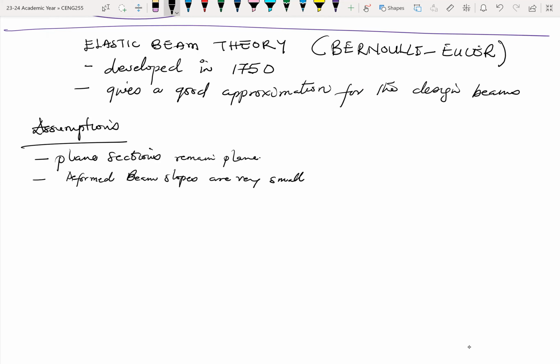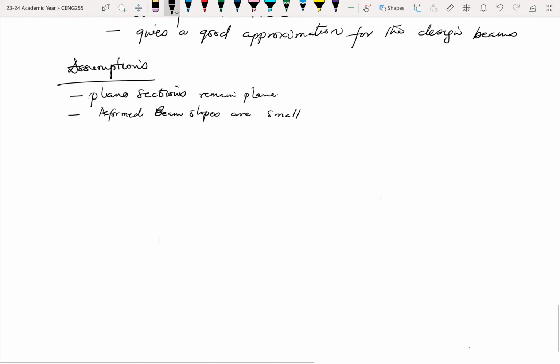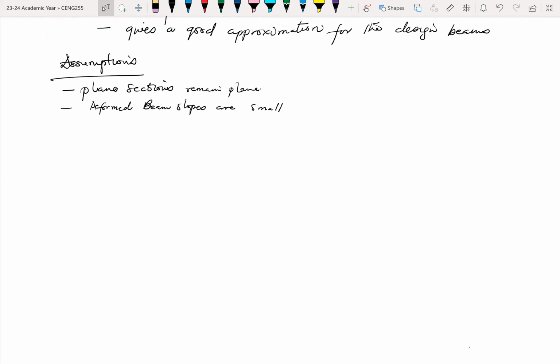We don't want to go by too many adjectives, so they are small. So these are the assumptions that we make with respect to the beam theory. I will explain shortly.